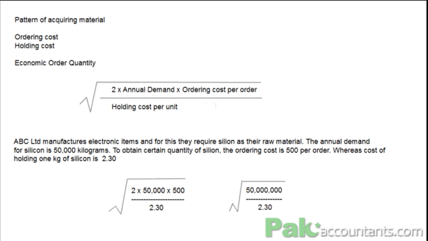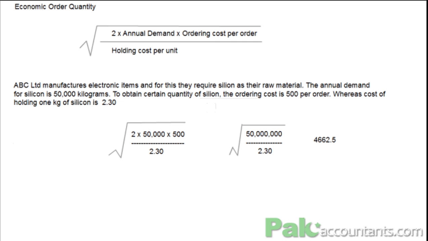When we take the square root of whatever we have here, we get 4,662.5. If we round it, it gets 4,600, but let's just keep it 4,662.5.